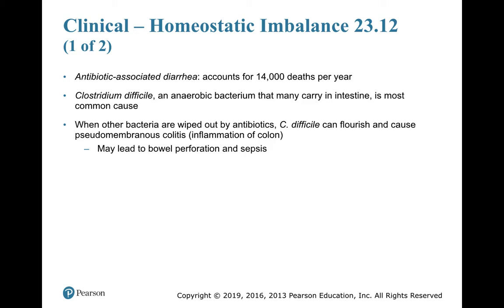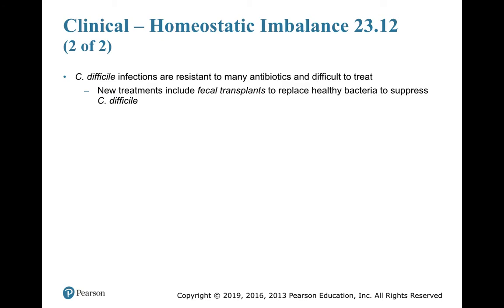And that can also lead to bowel perforation and sepsis. C. difficile infections are resistant to many antibiotics, therefore they are difficult to treat. People have been experimenting with fecal transplants, trying to repopulate the gut with healthy bacteria, and that would suppress the C. difficile.